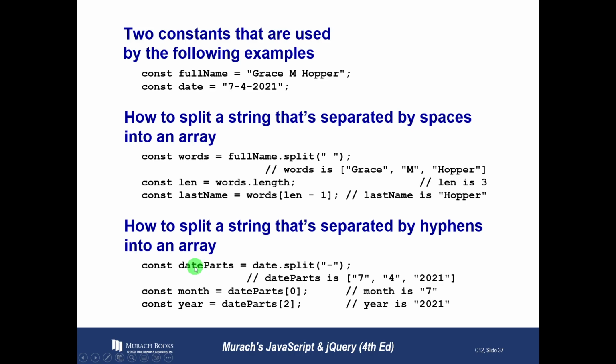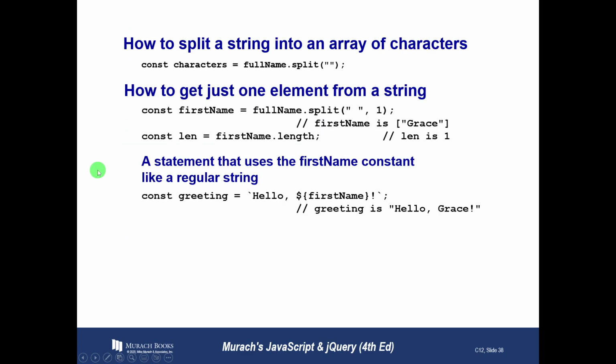So if we look at this array, dateParts sub 0, we get 7, so we know the month is 7, so that would be July, right? dateParts 2, 0, 1, 2 would give us the year. So we were able to split a date stored as a string and pull out its month and its year, and if we wanted to, we could pull out the day. dateParts sub 1 would give us the day. So we broke that string up into its constituent parts.